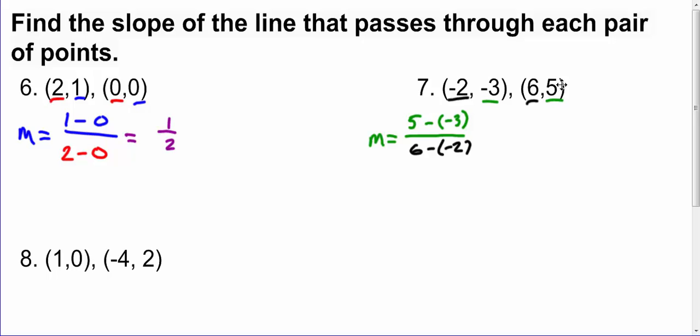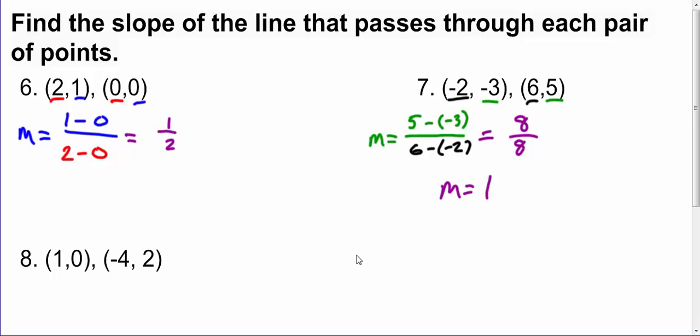So if you start on number 7 with 5 minus -3, you've got to do 6 minus -2. Now one thing we do know is when you subtract a negative, that is exactly the same as adding. So 5 plus 3 is 8, 6 plus 2 is also 8, and you don't need a calculator for that because 8 divided by 8 is exactly 1.